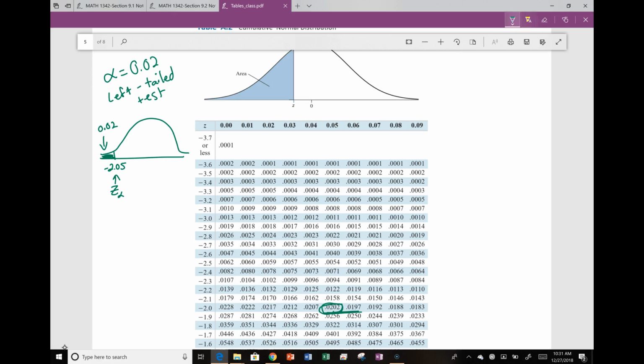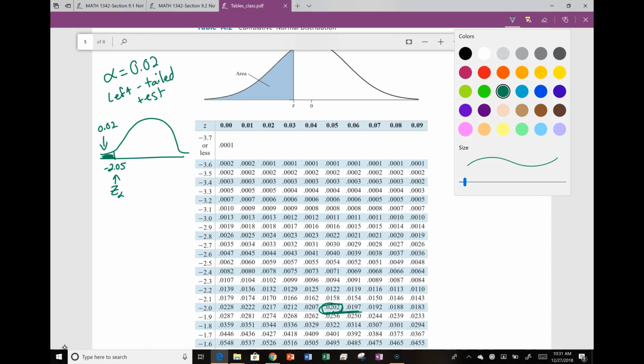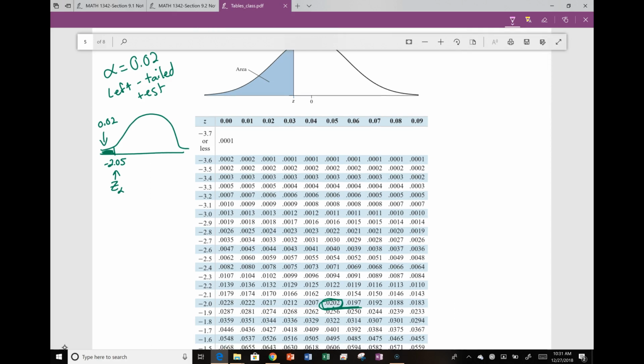Now, let's look at a different example. Let's look at where alpha is 0.03 for a right-tailed test. Now, on a right-tailed test, we're over here on the right tail, I can still look up 0.03 on my Z chart here. So 0.03.